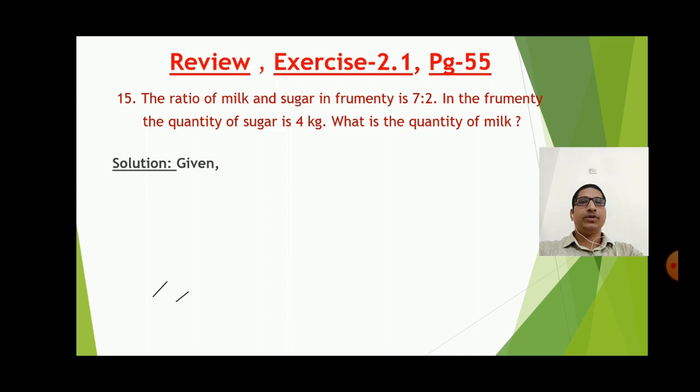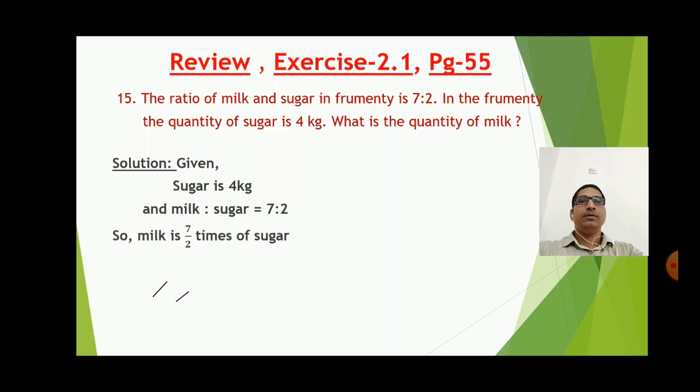Solution. At first we will write given information. Sugar is 4 kg here. Milk is to sugar 7:2 here. Based on this information, we can say here milk is 7/2 times of sugar. Okay.